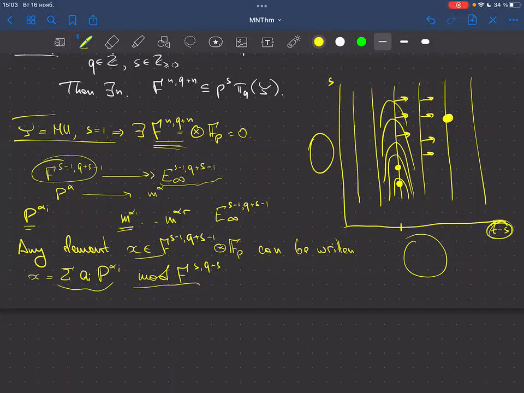And by induction, we know that elements here can be written in P as monomials of Pi.